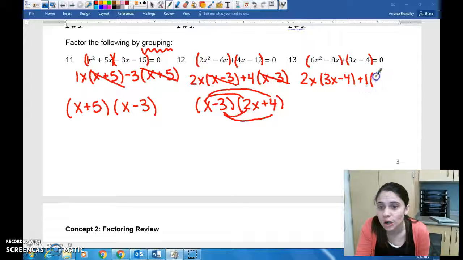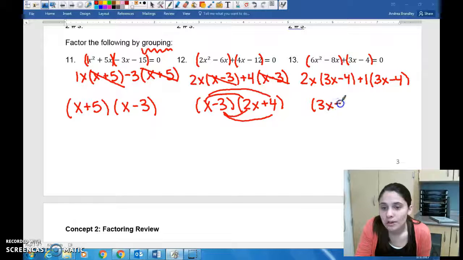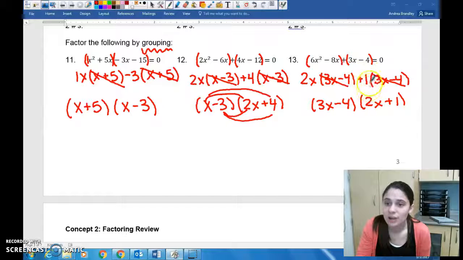So if I factor out a 1, then my 3x minus 4 just stays the same. So 3x minus 4 is my first set of parentheses. And then I'm left with 2x plus 1. This is why it's so important that you factor out that 1. Otherwise, I would just have a 2x, and I wouldn't have this plus 1, which doesn't work. If I were to multiply that back out, I wouldn't get back to here.